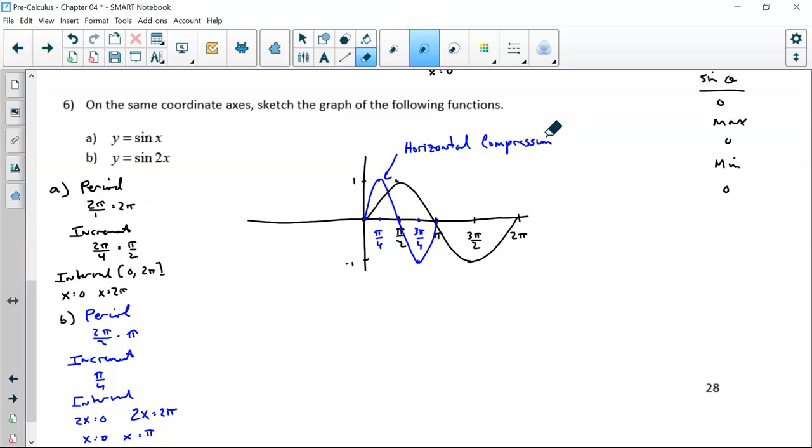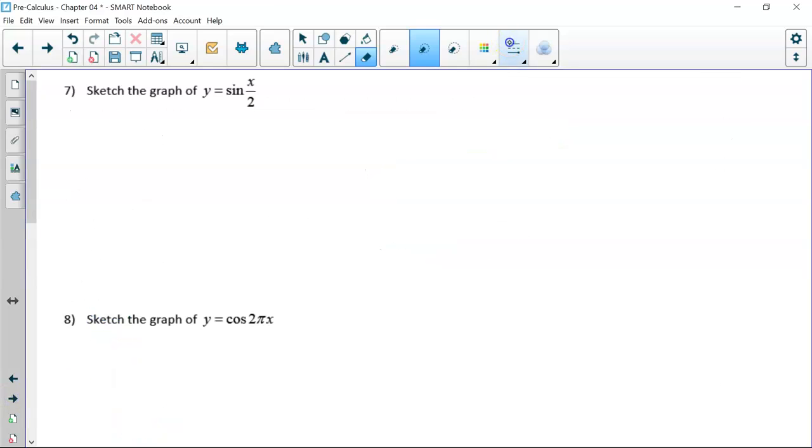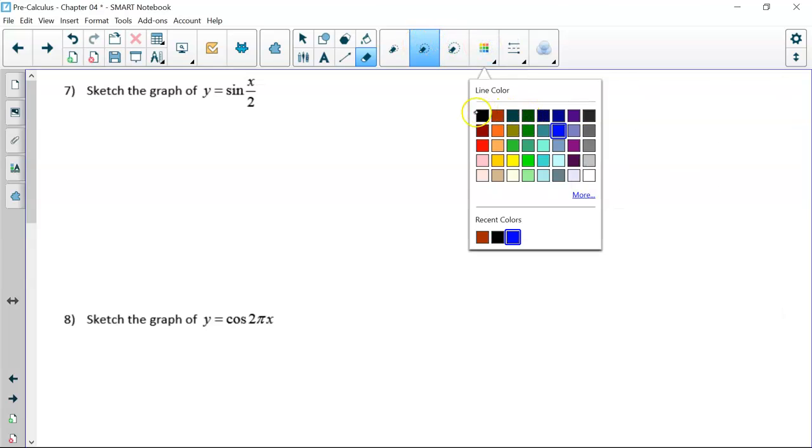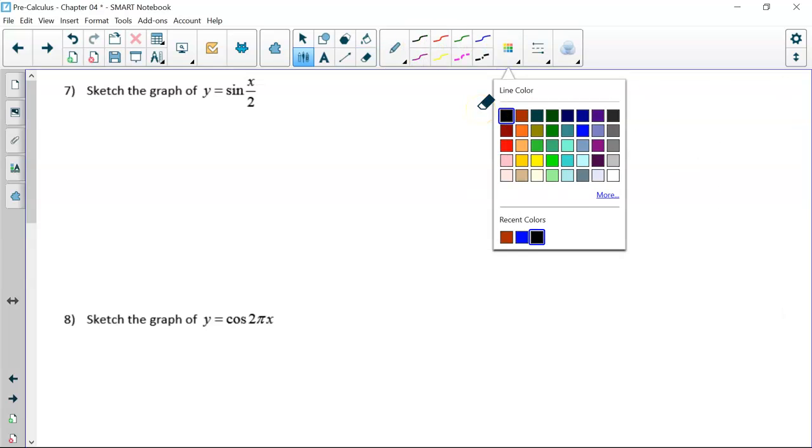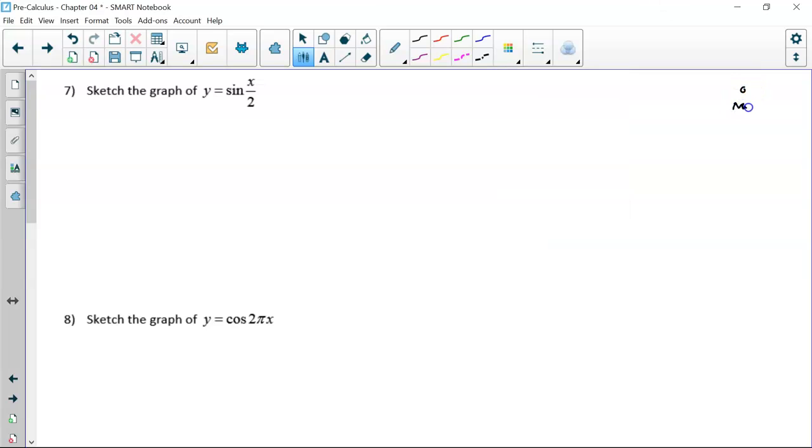Let's go to the next one, problem number 7. The sine of x over 2. We're still talking sine, so we're still following that 0, max, 0, min, 0 pattern. So now, the period.